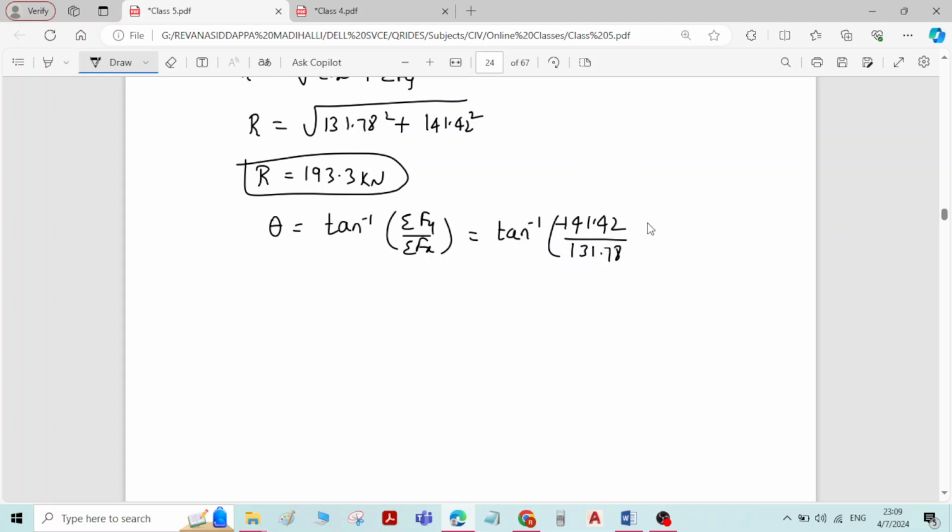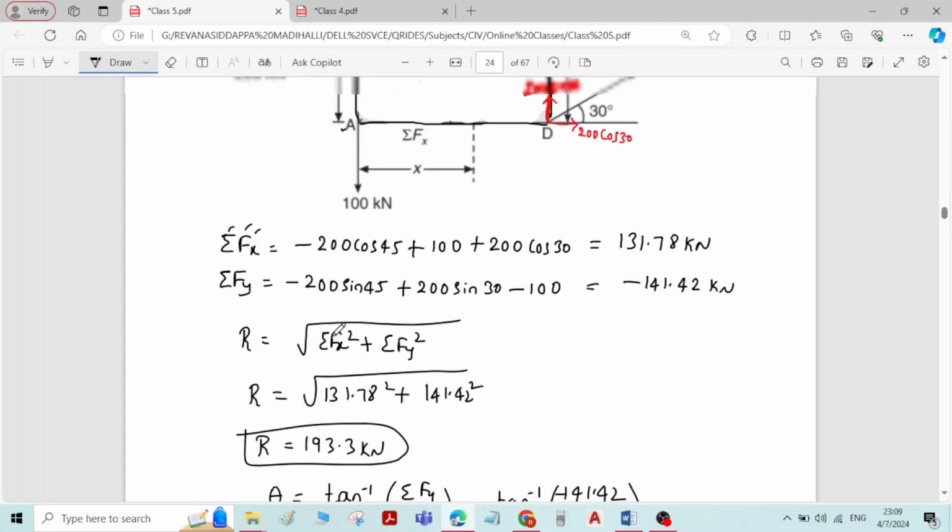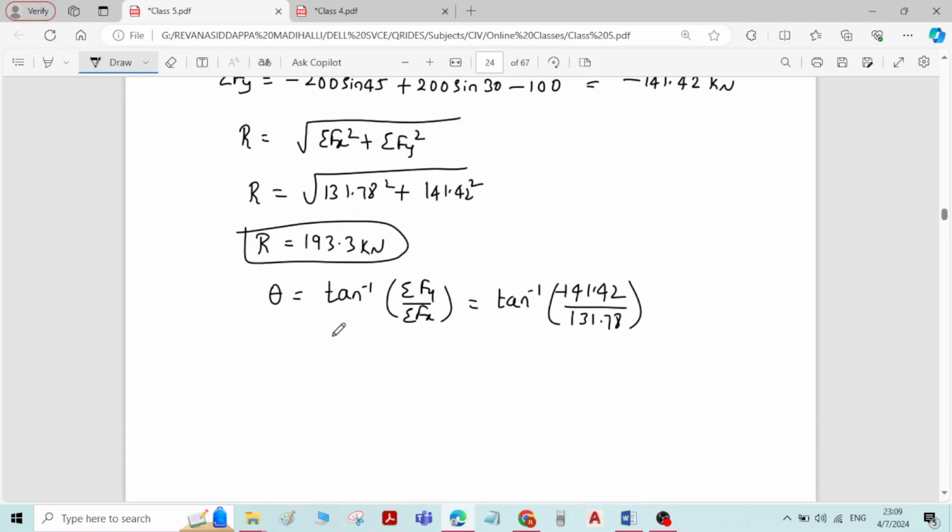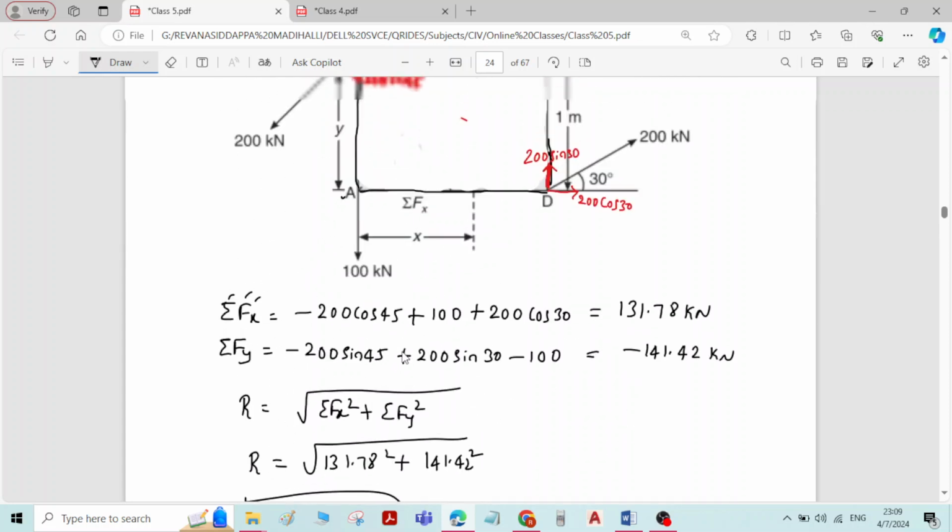So we have minus sign for sigma Fy. So here also same thing. If you do not consider sign while finding the angle theta, no problem. Okay, that will be okay. Theta that you get is minus 47.02 degrees.